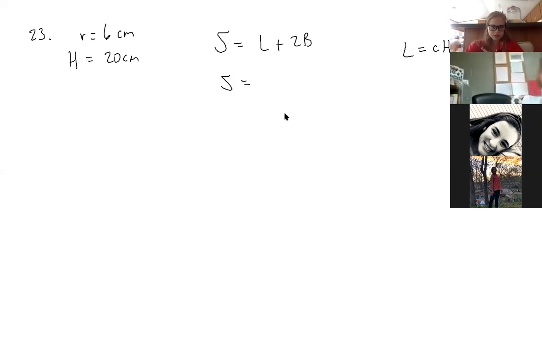Priscilla, what'd you get for the lateral surface area? 240. 240 what? Centimeters. No. All right, you're forgetting the top value. Remember, when you find the circumference, that's 2 pi r times h. So what happened to your pi?